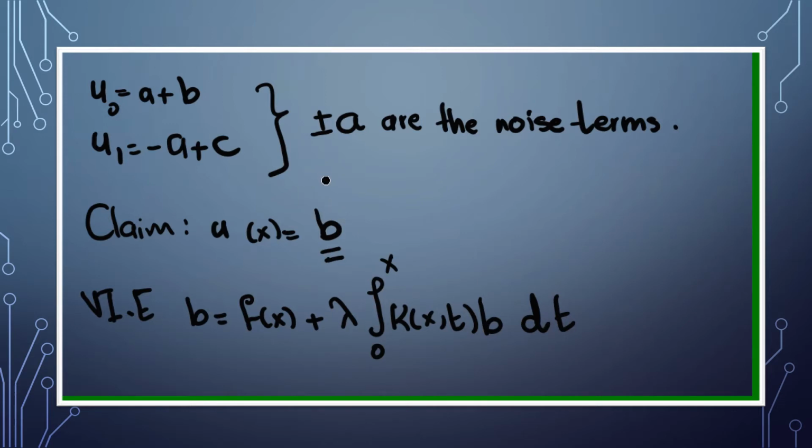I don't know if b is a constant or not, but whatever b is, you substitute in the Volterra integral equation and then see if the left hand side is equal to the right hand side, then we are lucky and our claim is correct. Okay, I hope you get it.